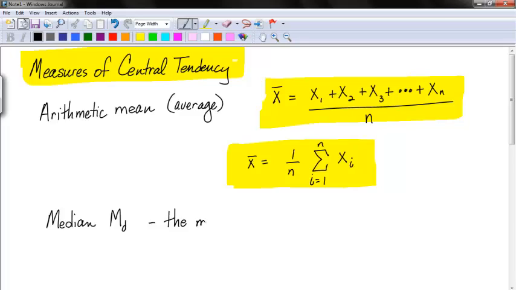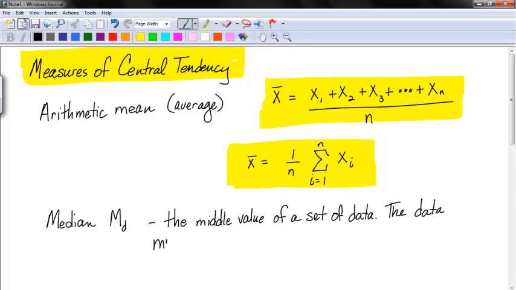The median is the middle value of a set of data, and the data must be in order, so you've got to sort it.